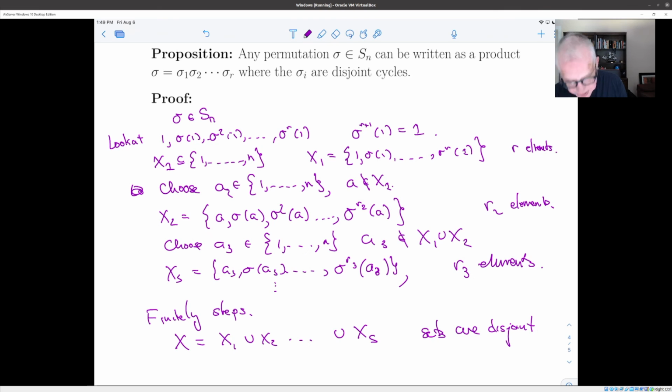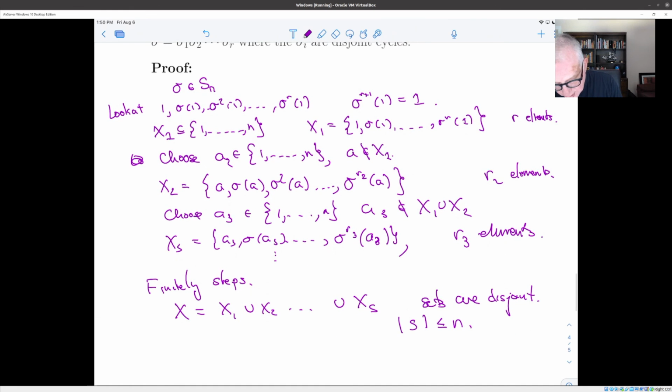So they form a partition of the set from 1 up to n, and even if they were all as small as possible, if they each had one element, there'd only be n subsets. That would only happen if these each have one element, which would mean that our sigma was the identity element. If it's not the identity element, at least one of these sets is going to have more than one element. At most, s, the number of sets in this partition, is at most n.